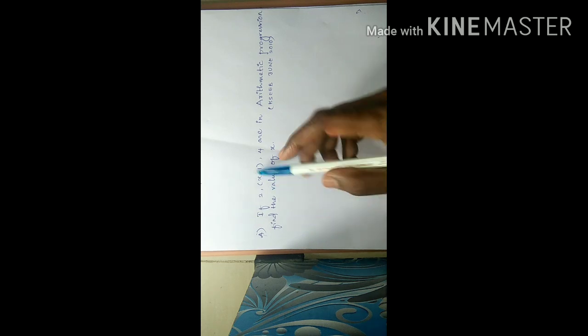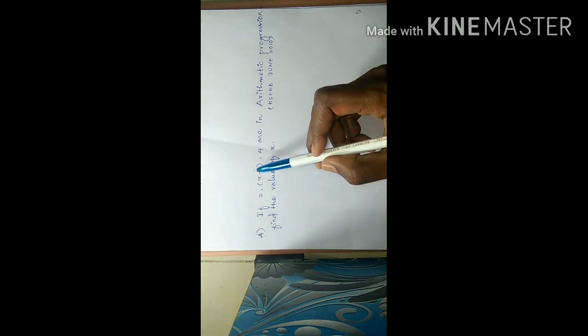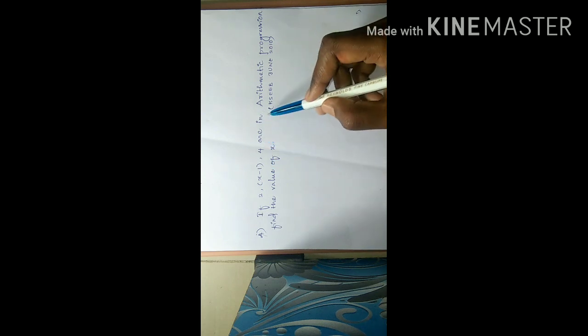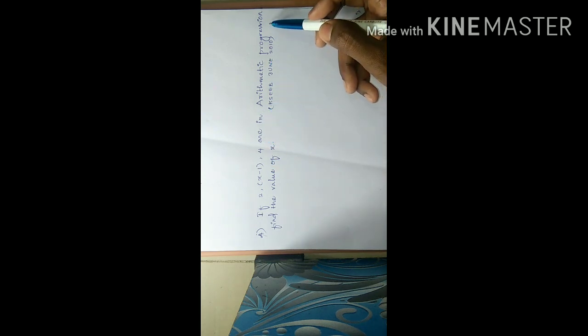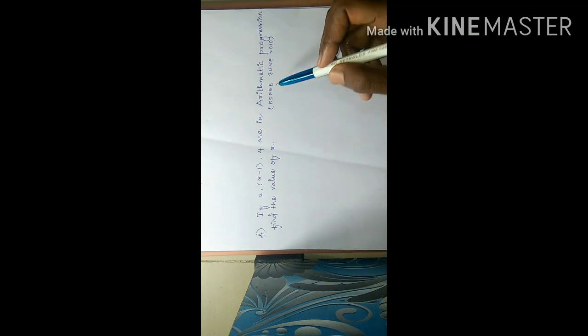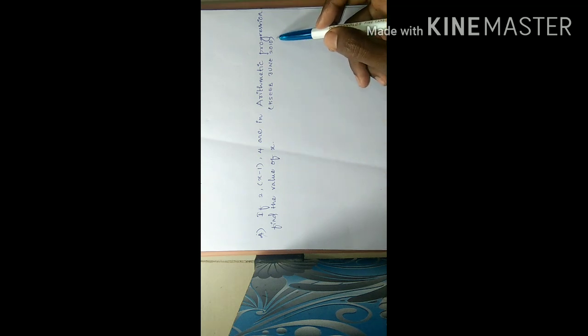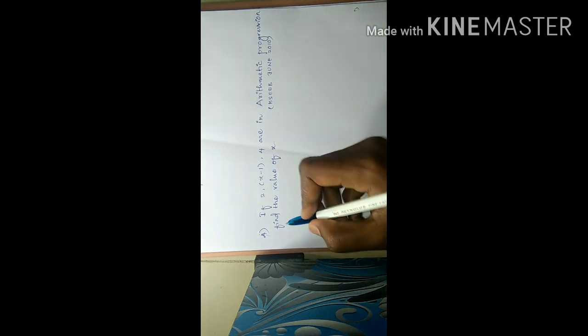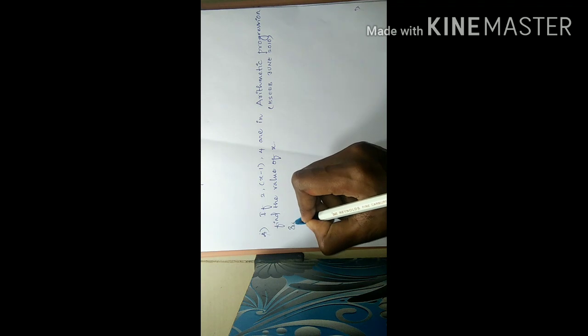So here, example number 4: if 2, x minus 1, 4 are in arithmetic progression, find the value of x. So this question came in June 2010. So here we need to find the value of x.